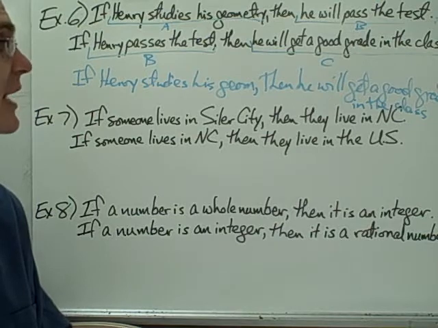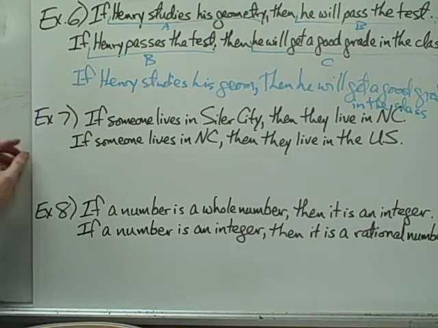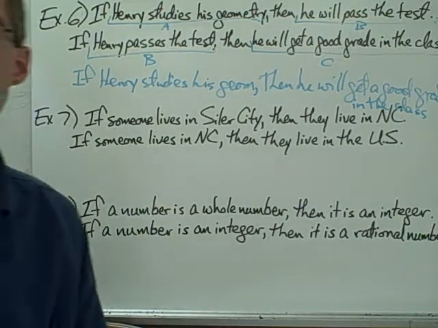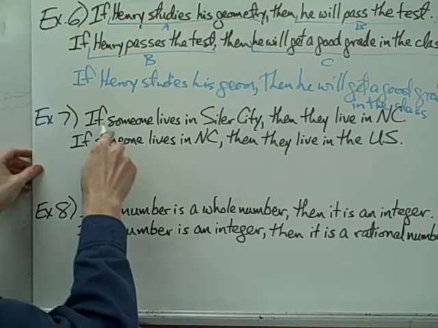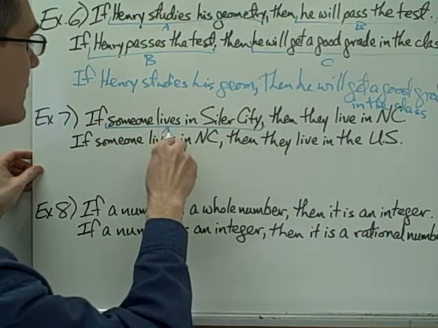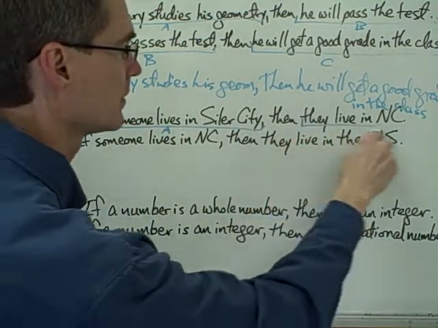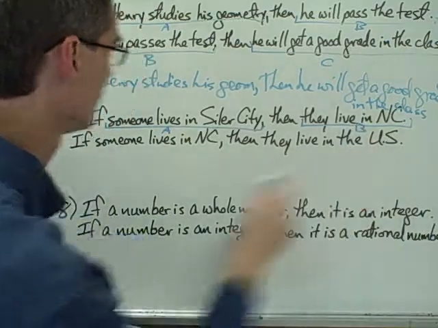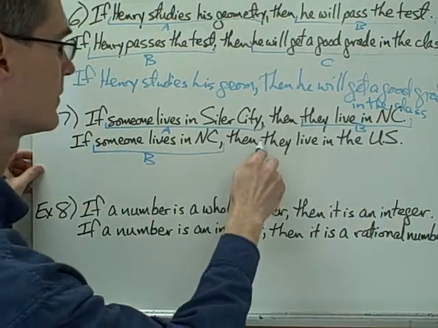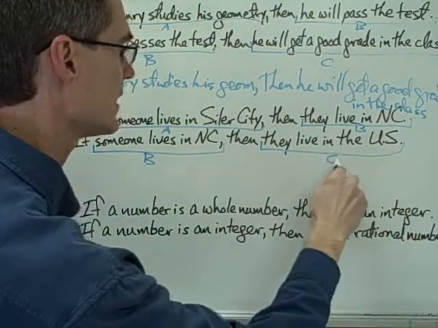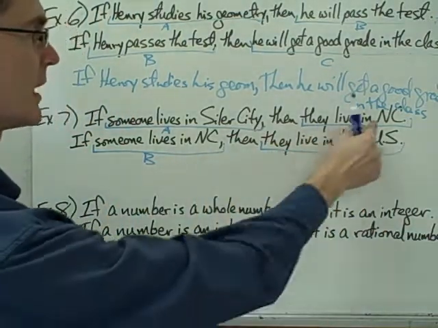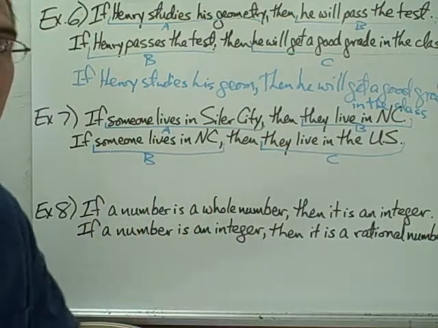Example number 7. If someone lives in Siler City, then they live in North Carolina. Second statement, if someone lives in North Carolina, then they live in the United States. Again, I have two statements of the form if A, then B, and if B, then C. Notice how the B parts match up: they live in North Carolina, someone lives in North Carolina.